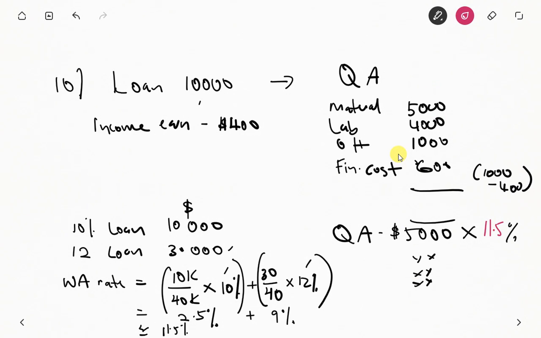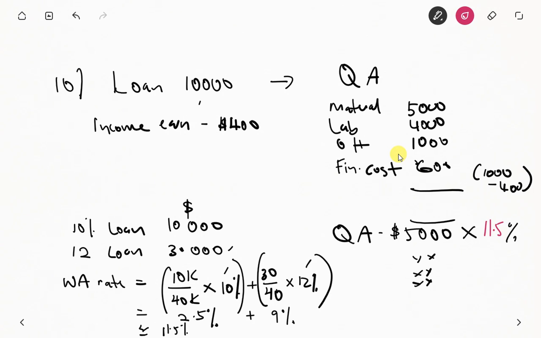Is it okay? Do I earn any interest from this 40,000? Possible. But we're not going to take the interest and minus from here. No. We take this 11.5%, not the net. Only for a specific fund borrowed to finance the qualifying asset do we take the net.